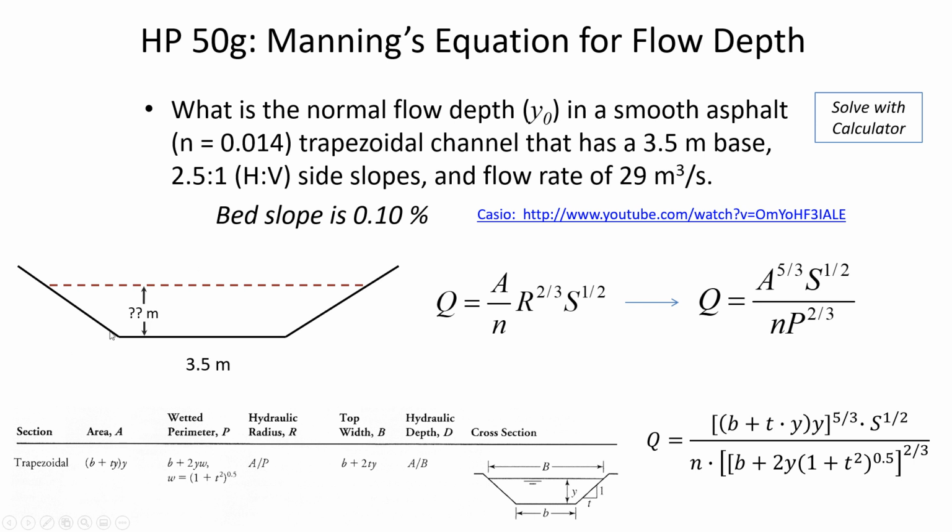But we have a 3.5 meter bottom width. The channel slope is 0.1%, so you'd need to put that into Manning's equation as 0.001. The n value is 0.014 for smooth asphalt. And we want to know what's the flow depth if we're trying to accommodate 29 cubic meters per second.